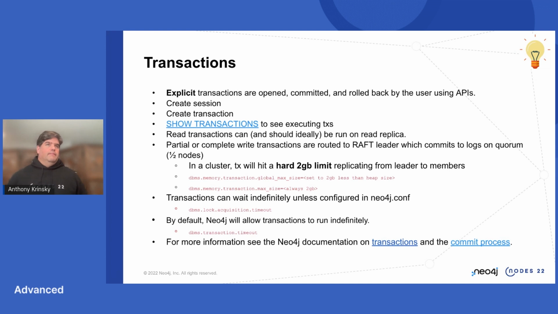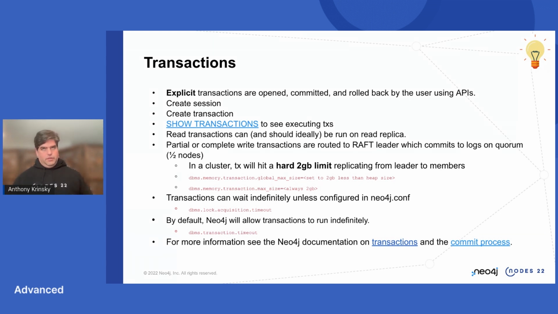Now, in addition to implicit transactions, and we'll get into that a little bit more later, you can also create transactions explicitly in your API code when you create sessions and you create transactions. You can use the SHOW TRANSACTIONS Cypher command to see the transactions that are running. In terms of resource workload loading, if you do have read replicas, you're going to want to try to direct your read transactions towards them.